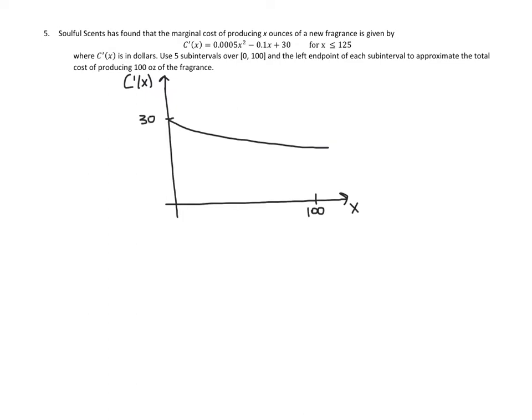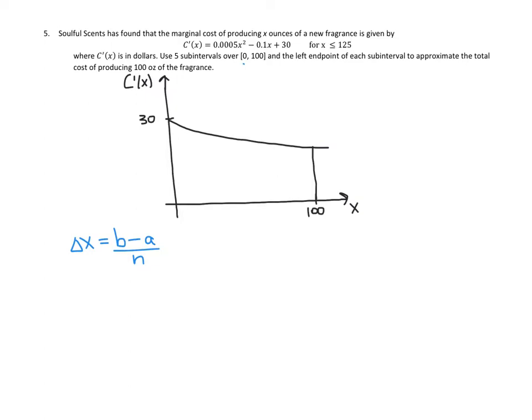All right, so we want to approximate the area under this curve from 0 to 100, and we're going to do that by creating rectangles. We're told to use 5 subintervals, so we're going to have 5 rectangles here. Let's begin by finding our delta x to determine the width of each rectangle. To calculate delta x, we do b minus a divided by n, where a and b represent the endpoints of our interval.